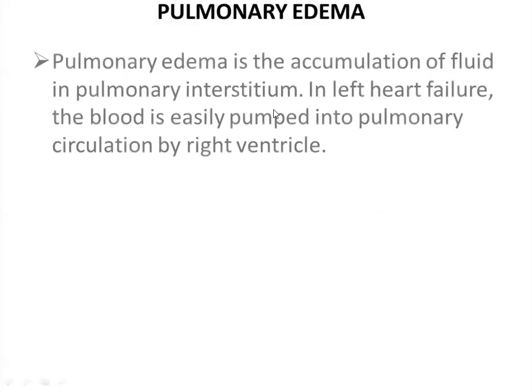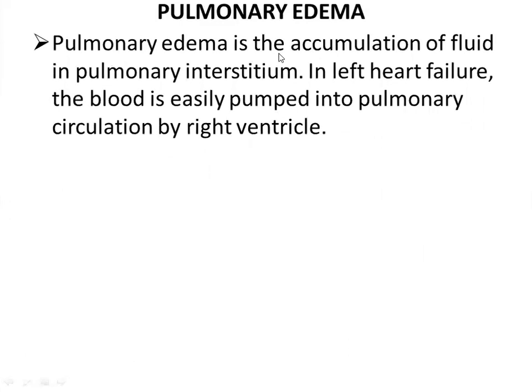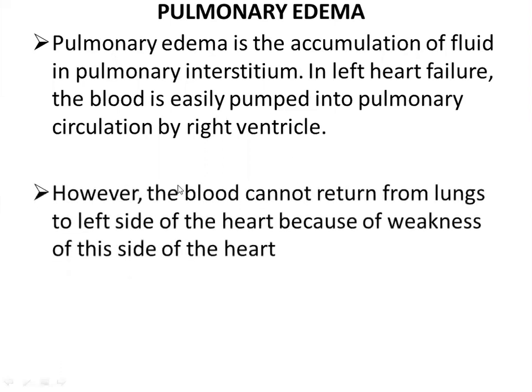Then we will see pulmonary edema. Pulmonary edema is the accumulation of fluid in the pulmonary interstitium, right? In left heart failure, blood is easily pumped into the pulmonary circulation by the ventricle. However, the blood cannot return from the lungs to the left side of the heart because of the weakness of the left side of the heart.